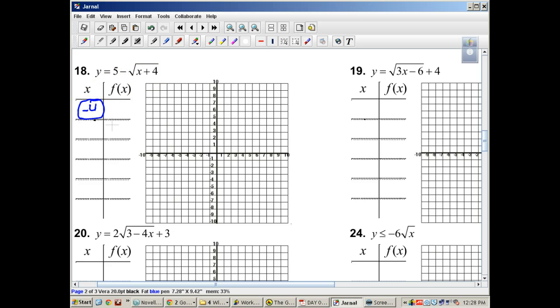So yeah, maybe -4 here. Over here you can say, if x is 2, 3 times 2 would be 6. 6 minus 6 would be 0. So my domain will start at 2 and go up. But you still need to do that calculation to know where to start your graph.